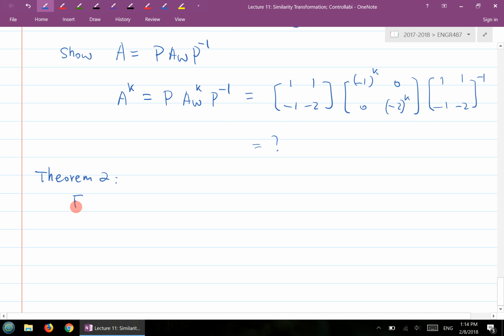So the second theorem essentially gives us a different perspective on diagonalization.